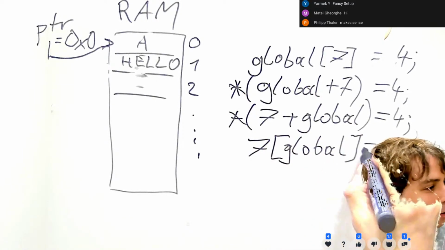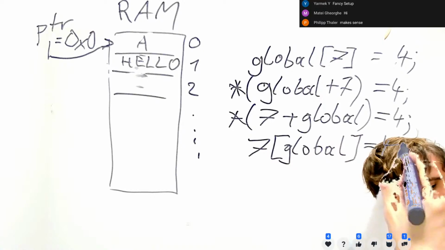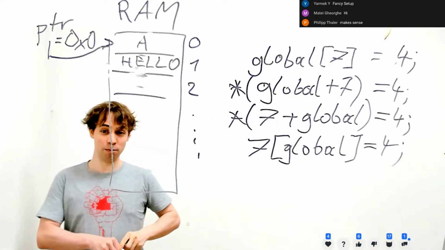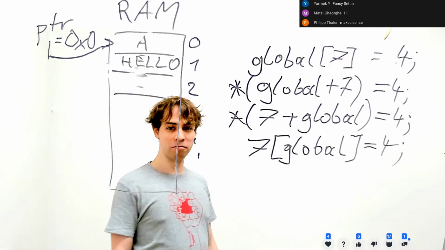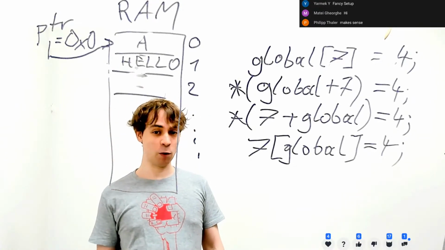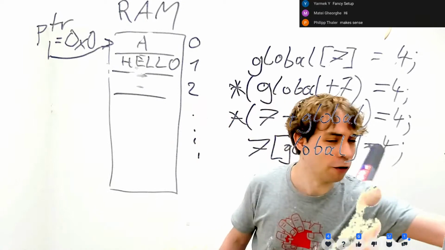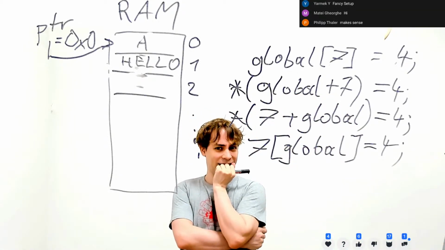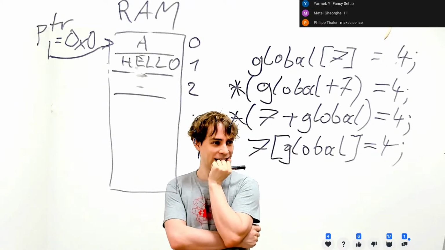And you can write in the YouTube chat whether you think this is allowed or not. Should it be allowed? Should it be forbidden? What does it even do? 7 at the offset global. Interesting.